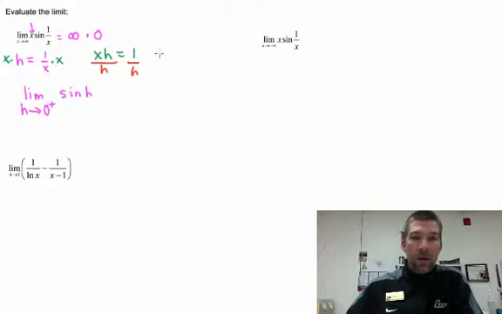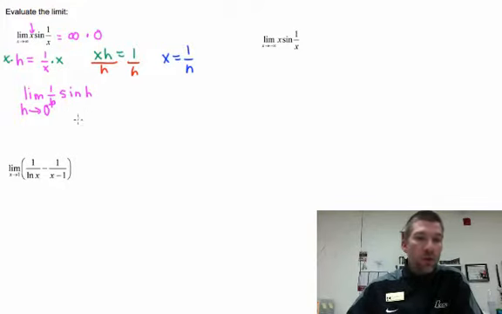And we end up with x equals 1 over h. So now we substitute in 1 over h right here.